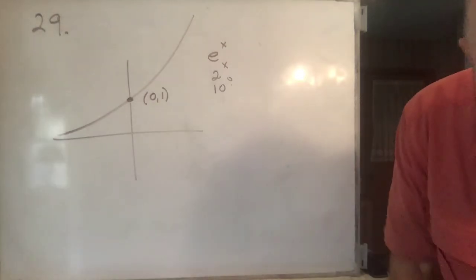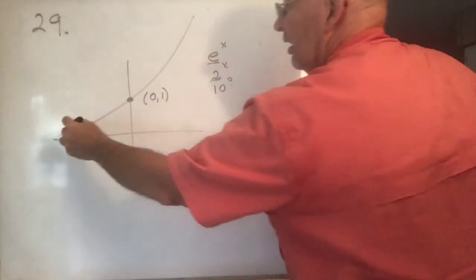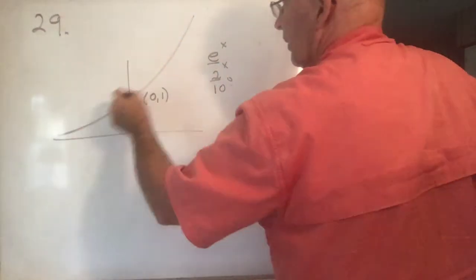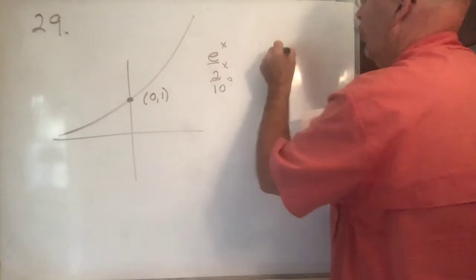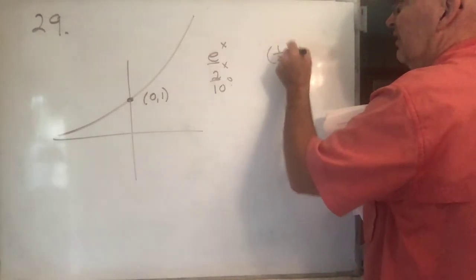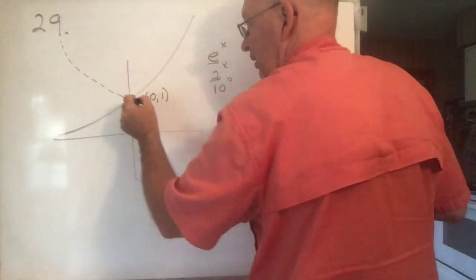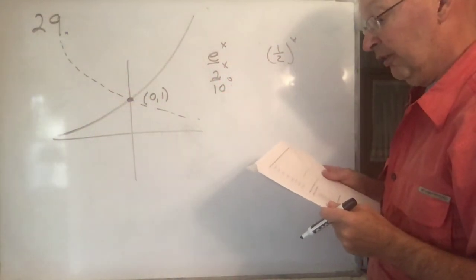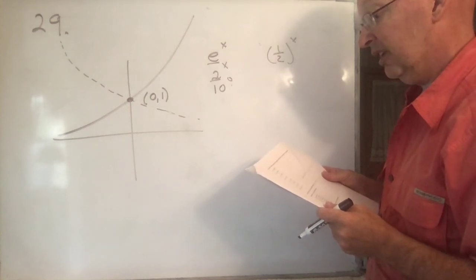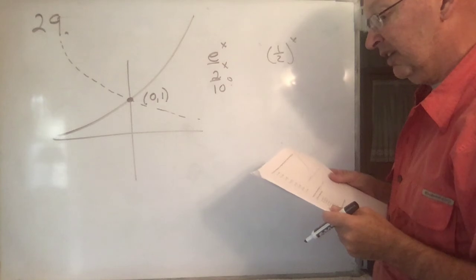So anything with a number that's greater than 1 is going to have something which increases as you go from left to right. If I had 1/2 to the x, that would be a graph that would look like this. Go down. So I want some number which is greater than 1. So right away, I see that A and B are possibilities.